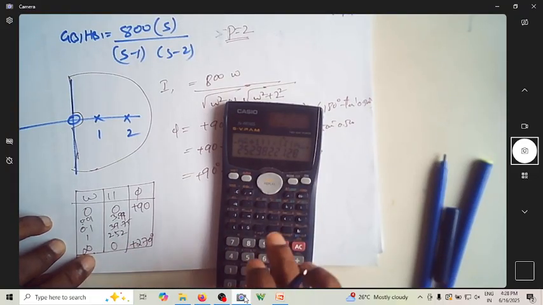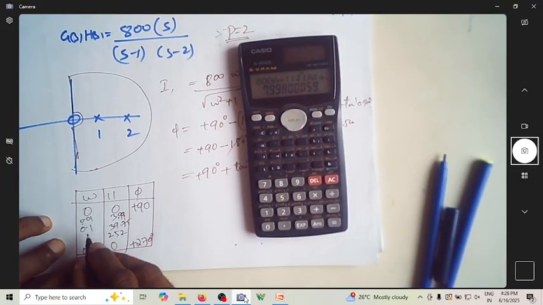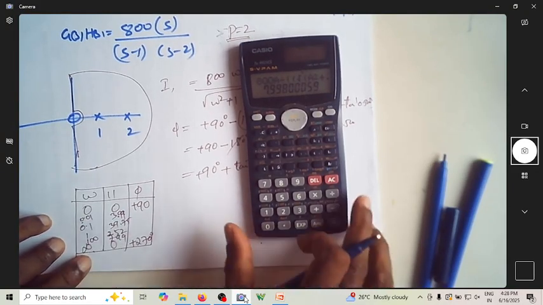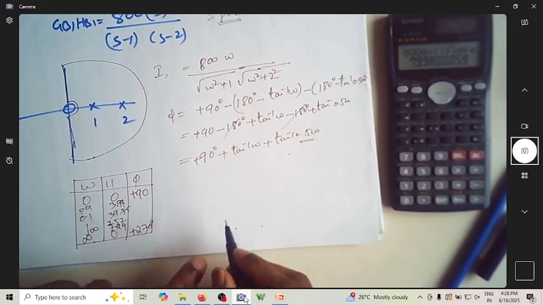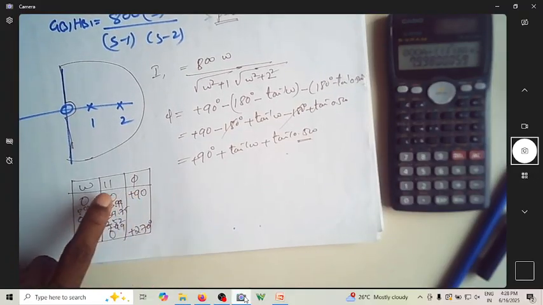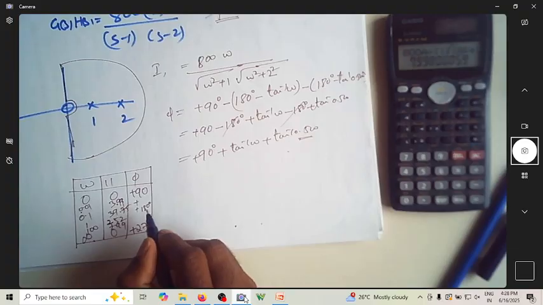Calculate at 100, you can see at 100 it becomes 7.98. It starts reducing, so it actually goes to a very large value and then comes down. The phase angle keeps increasing from 90. At some point it will become 180 degrees.